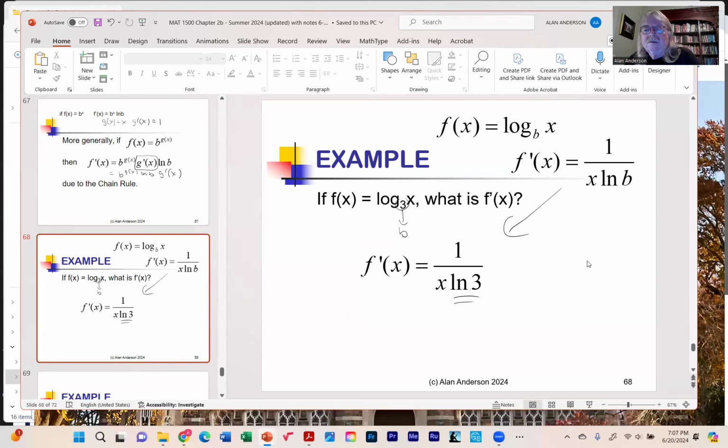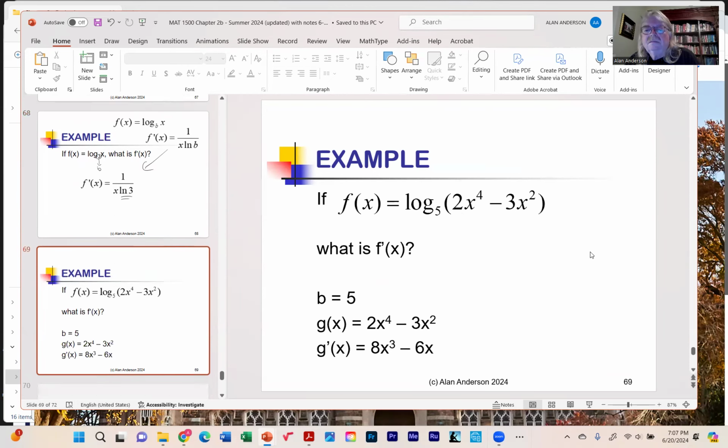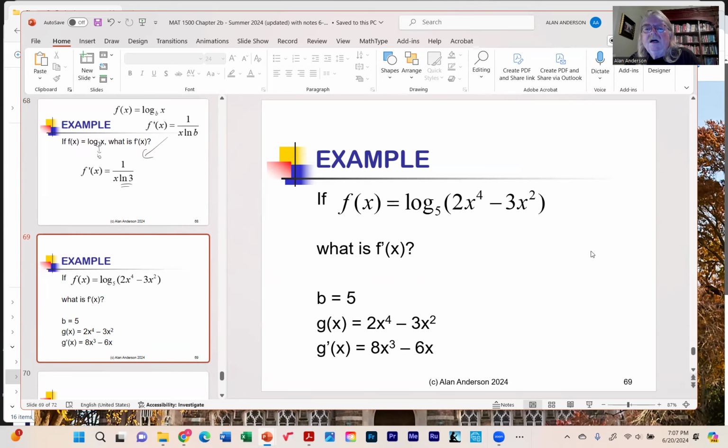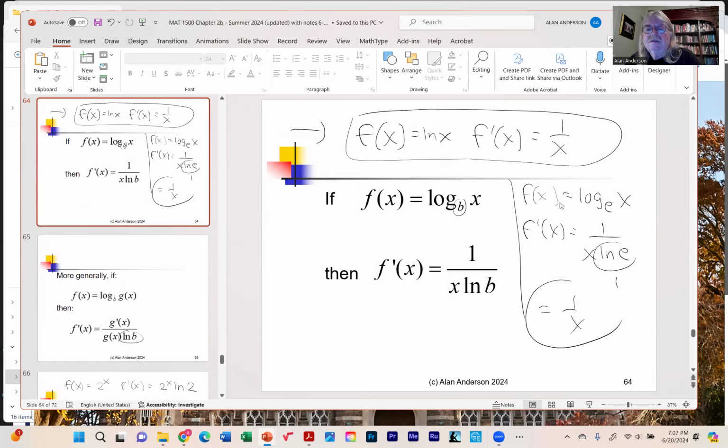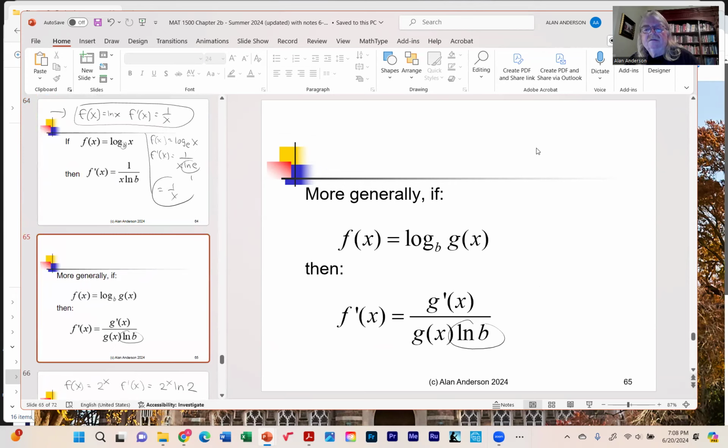Now let's try another one. This one means that we have, instead of simply x, we have g of x. Let's go grab that case.